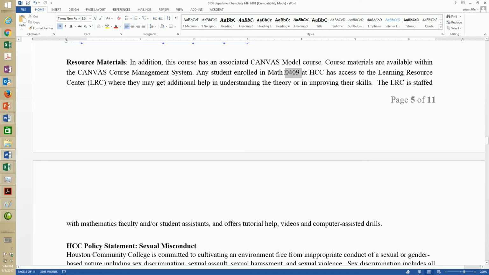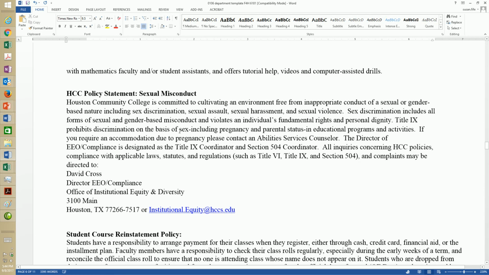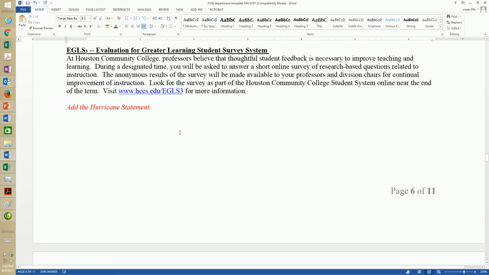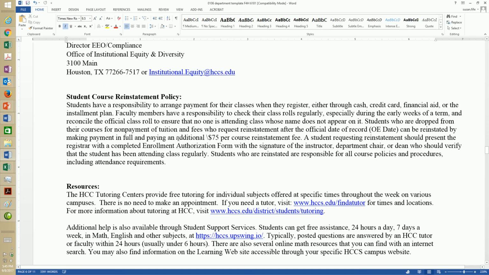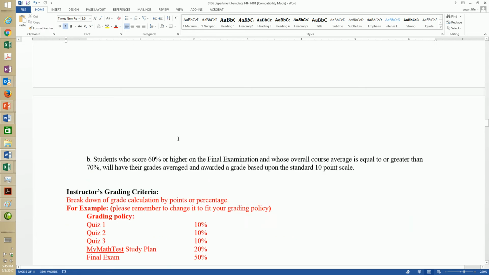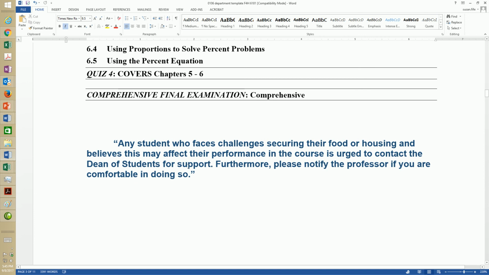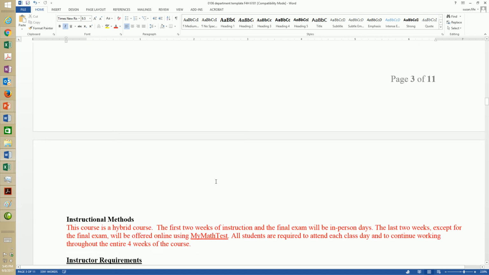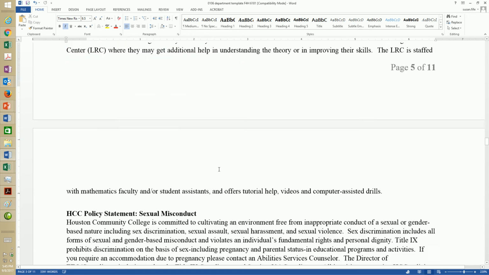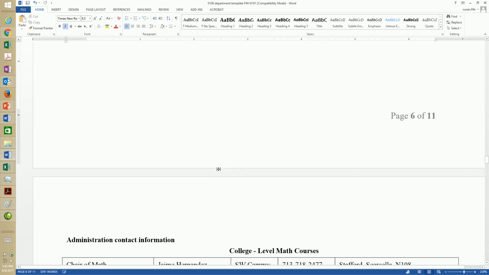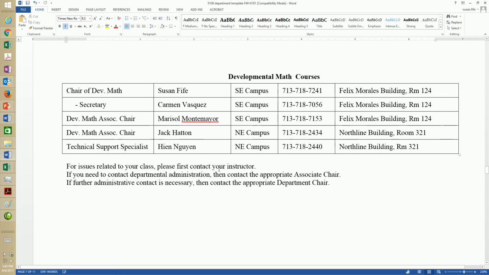This here should say Math 106. And I've added the hurricane statement on the calendar right here. Okay, so this is the standard syllabus.